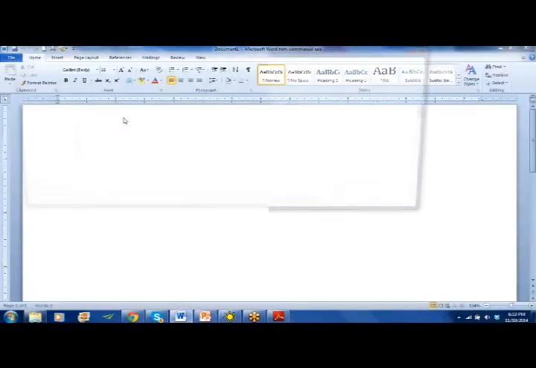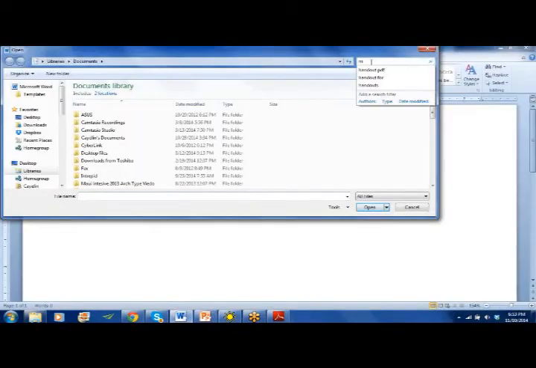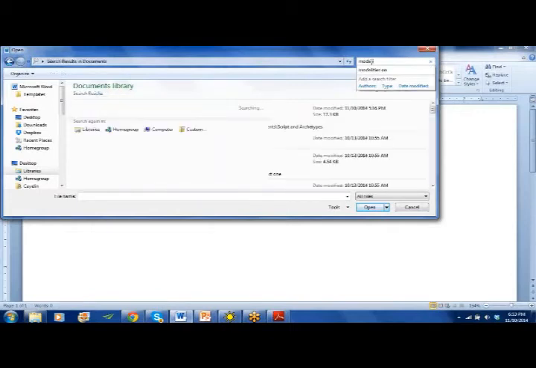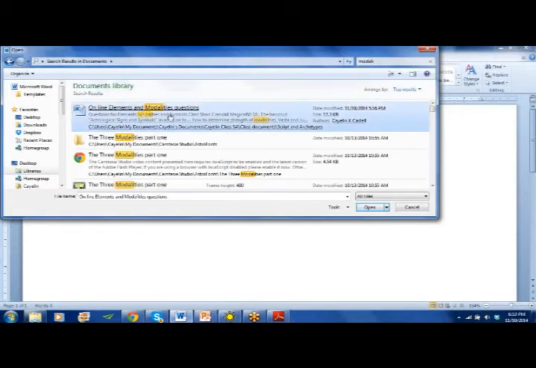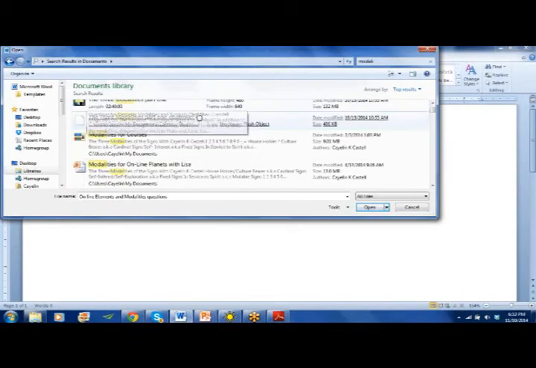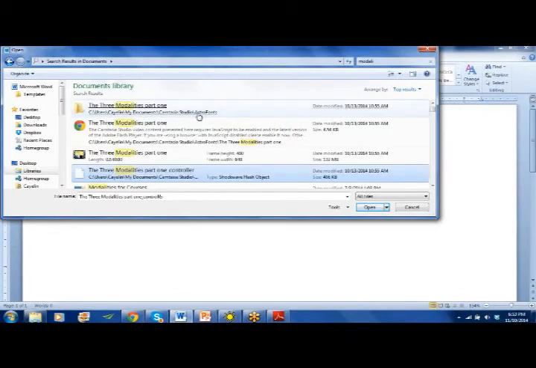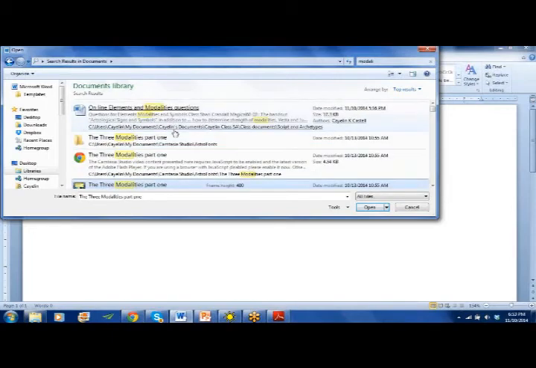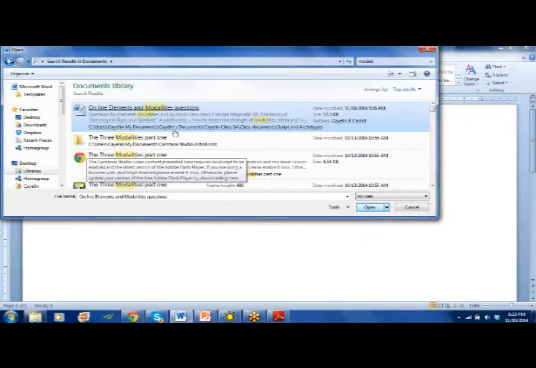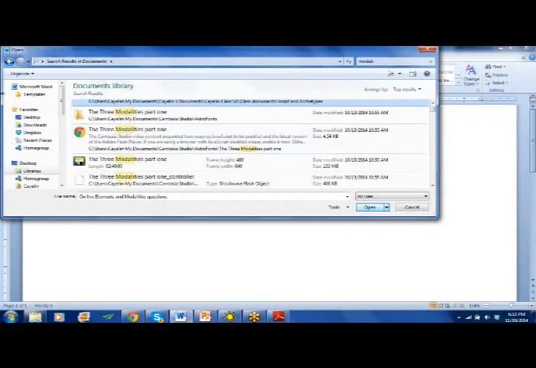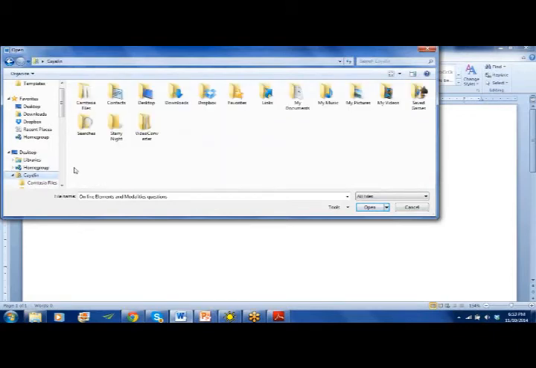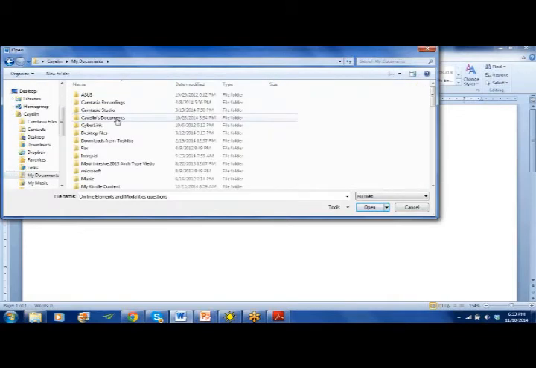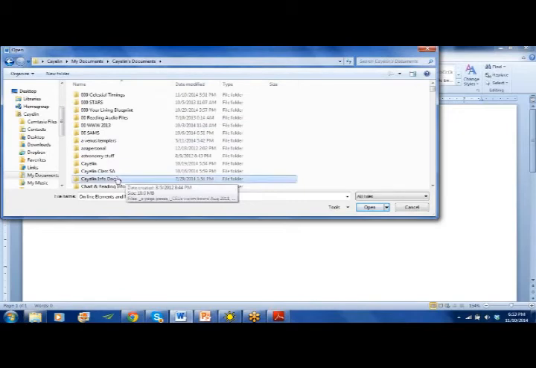Let me see what I can find here. I think I have a handout that is part of the course. That's just the modalities. Yeah, that's what I was just trying to see if I could find it. That's not it. Let me see. I have several, it's just finding them.